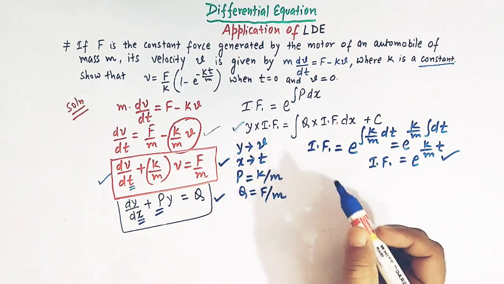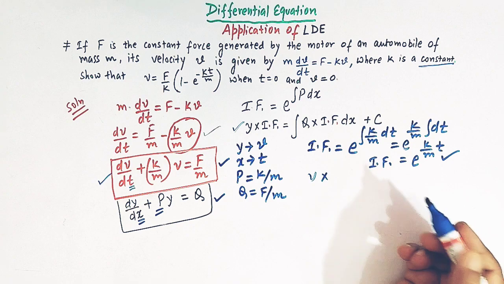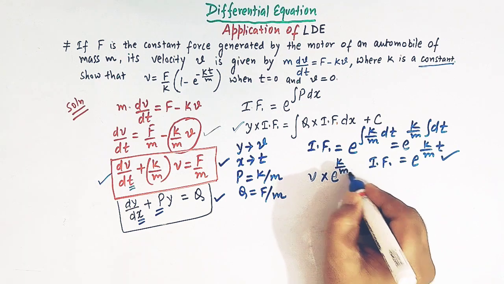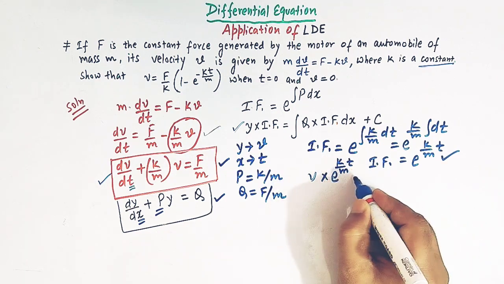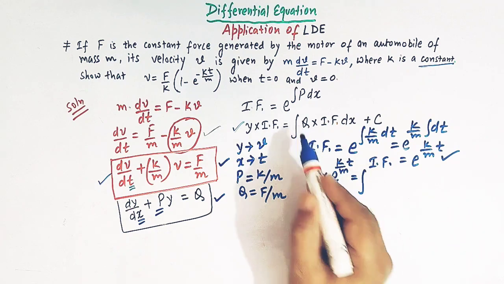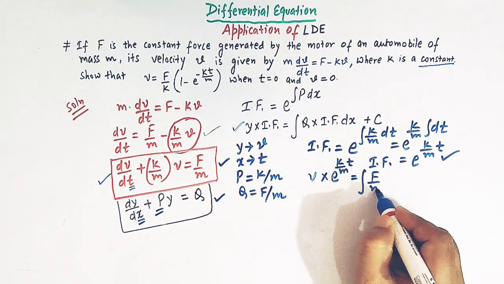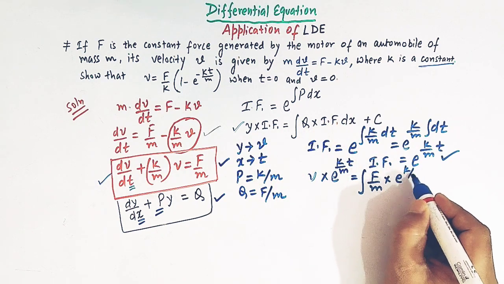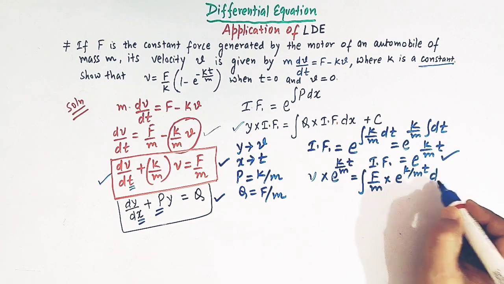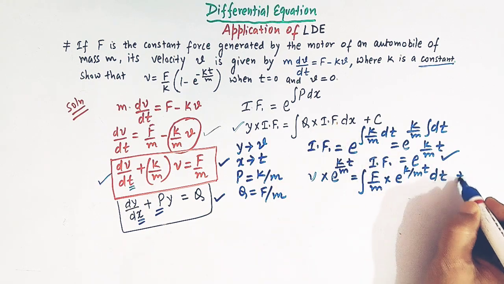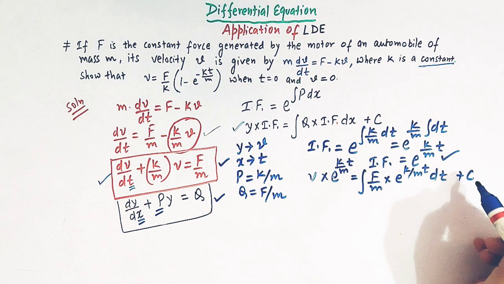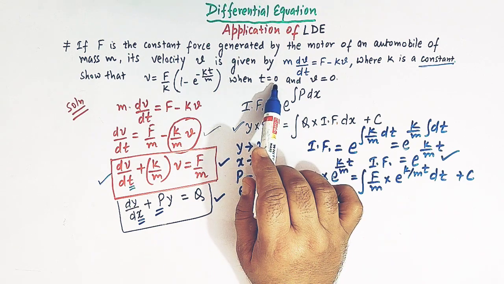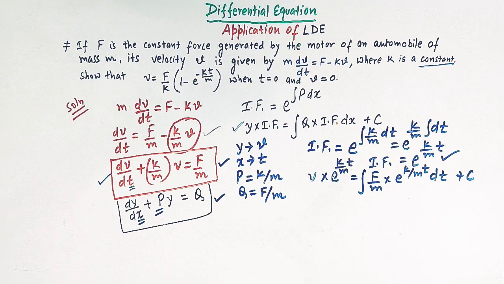For y we have v, so here we have v times the integrating factor, which is e raised to k over m t, and here we have the integral of q, which is F over m, times the integrating factor e raised to k over m t, and for dx we have dt, and c is the constant of integration, which will be calculated by using this condition, that is t is equal to 0 and v is equal to 0.